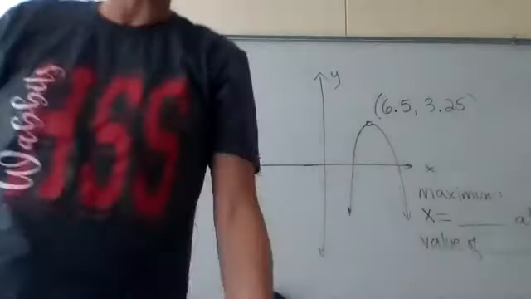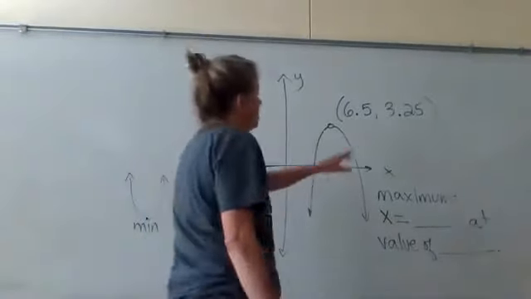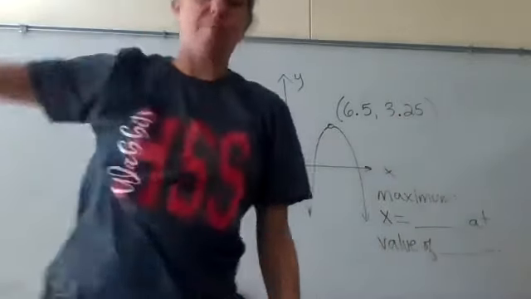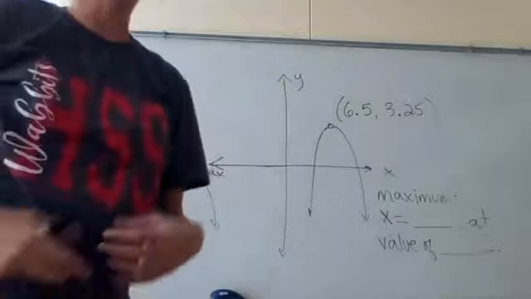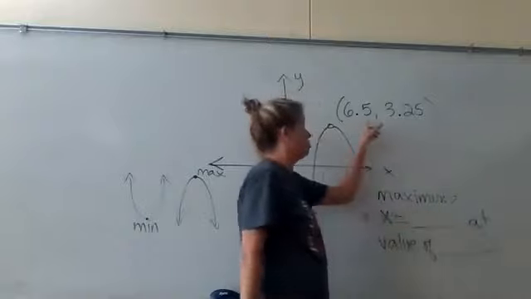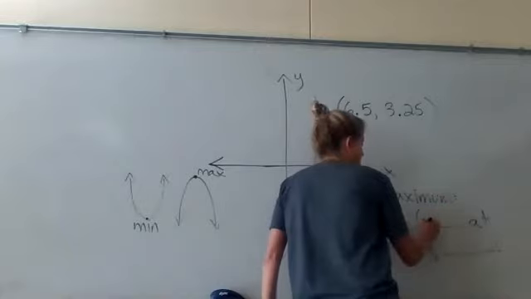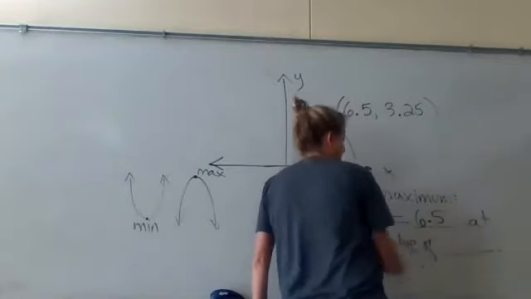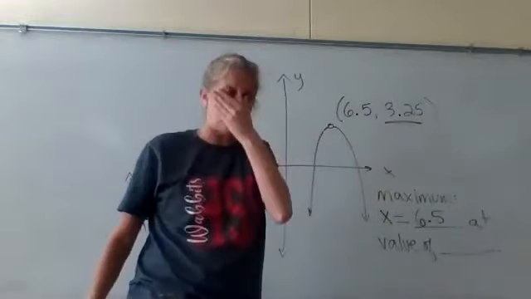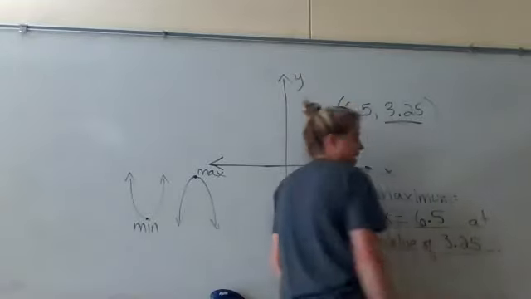The maximum or minimum value is always the y coordinate, right? This is the top y, the maximum y, the highest point that parabola is going to go. Now it's going to occur at x equals what? So where it says x equals, you just type in the actual x coordinate. So it occurs at x equals 6.5. And the value is this coordinate right here. The maximum value of that parabola is 3.25.